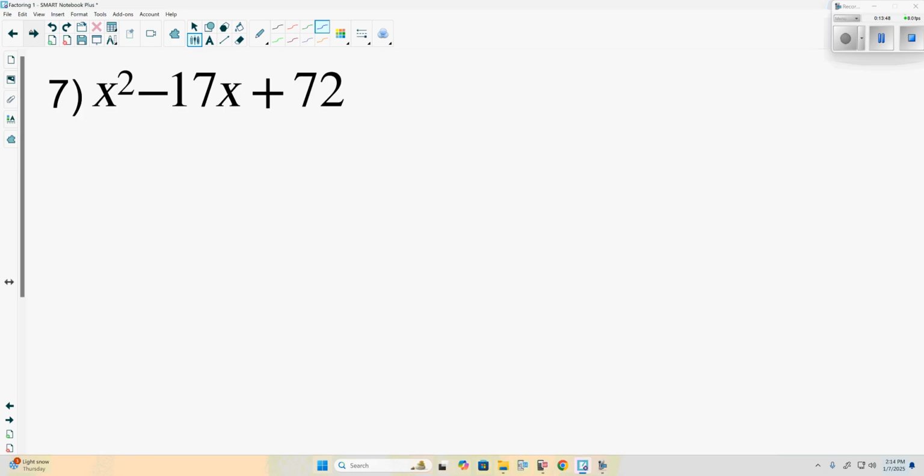x squared minus 17x plus 72. Is there a greatest common factor between these three terms? No, since we just have x squared, no variable shared. Two sets of parentheses with three spaces.